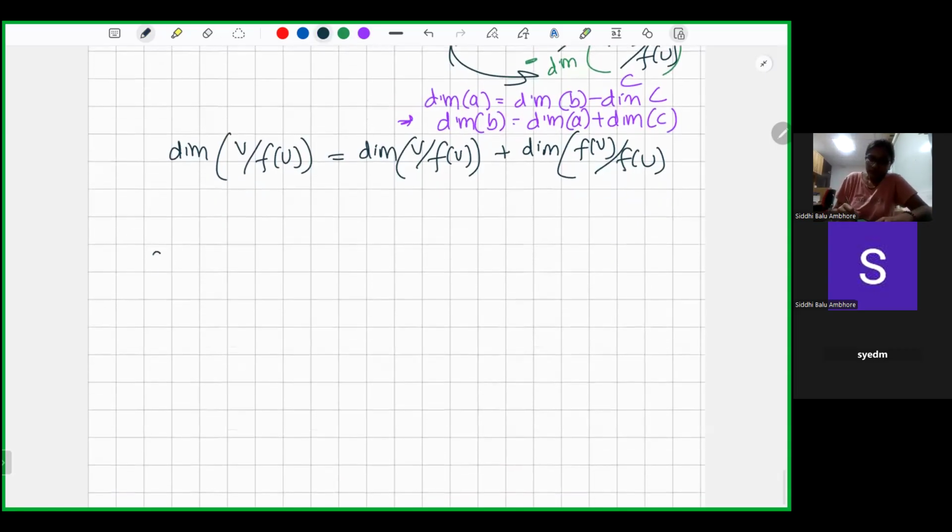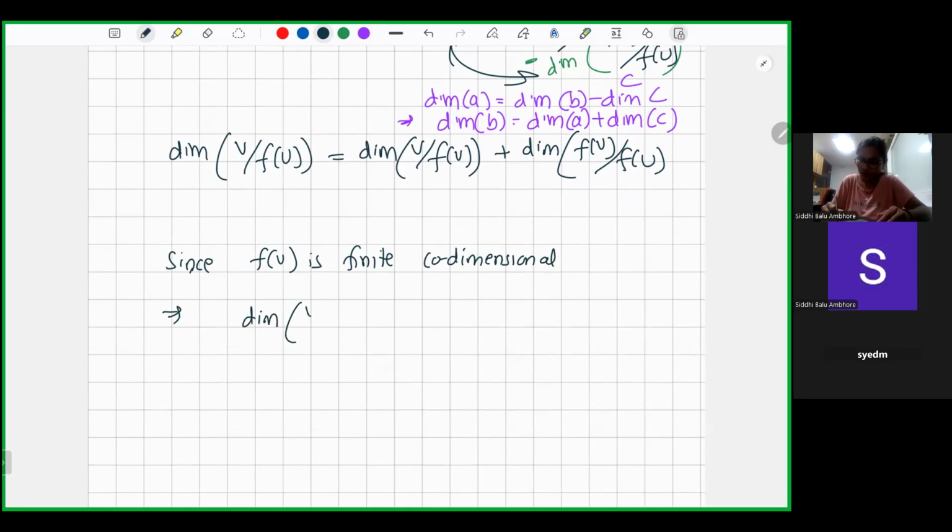And since f of V is finite codimensional, this implies that the dimension of V quotient f of V is finite.